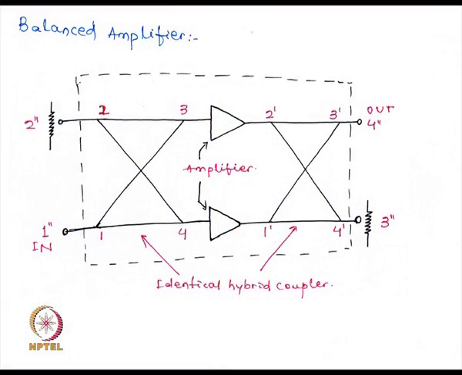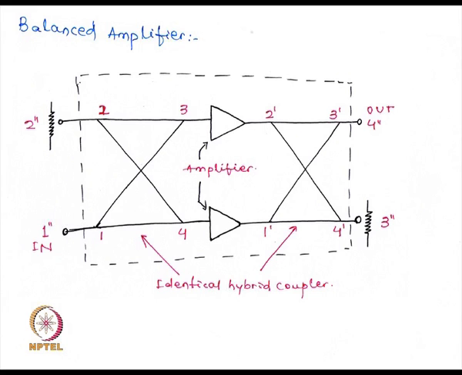So one method that is frequently used is what is called a balanced amplifier. If we go to the slides on the monitor, a balanced amplifier consists of two couplers, hybrid couplers or 90-degree couplers. Recall we have covered couplers previously, and two identical amplifiers. Any signal that is inputted at port 1 double dash will travel to both the amplifiers.